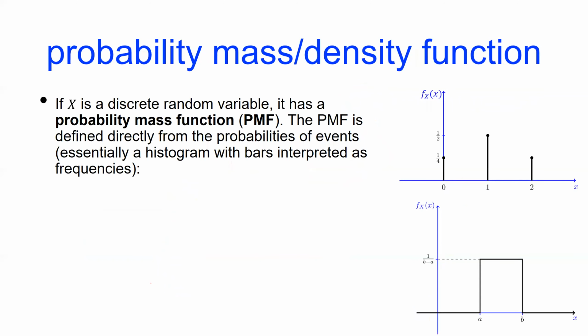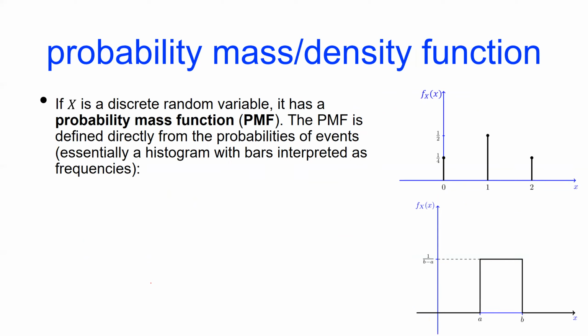Now we want to come to the discrete case. As I mentioned just now, the probability density function is a definition for a continuous random variable. Continuous random variable means when you map your outcome to real numbers, those real numbers are continuous, not discrete like 0, 1, 2, 3.